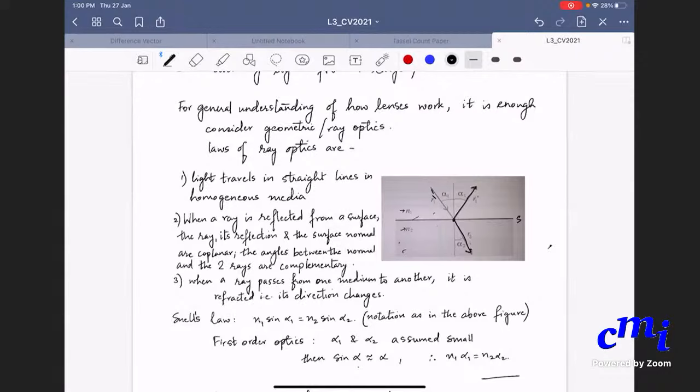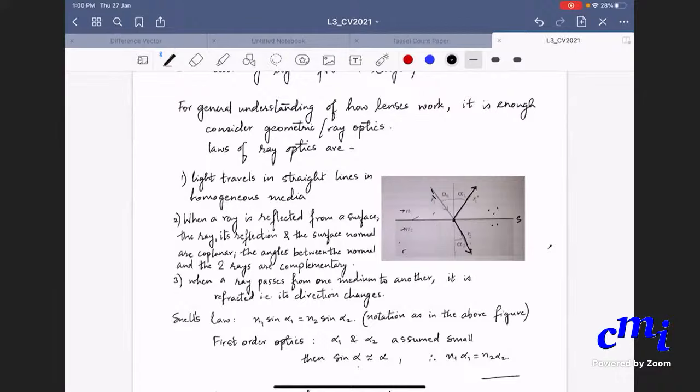When it's refracted, the direction changes. When the medium changes, the direction of this ray will change. For the reflection, since you are going back to the same medium, the angle of reflection does not change.